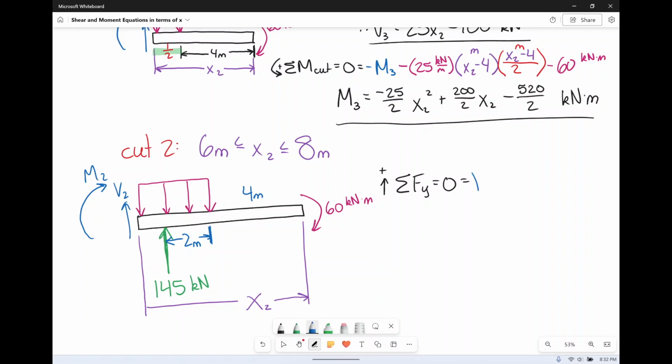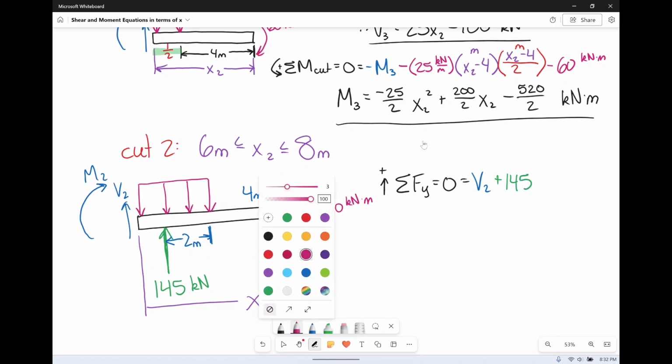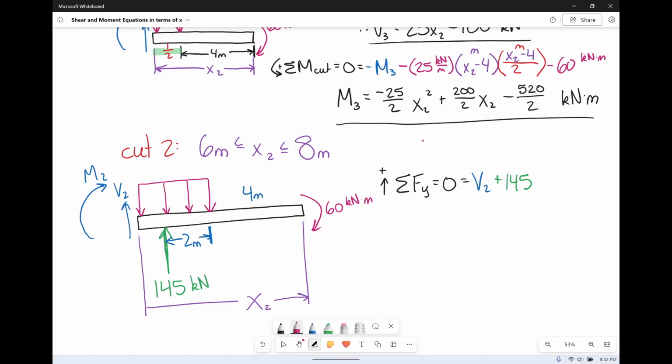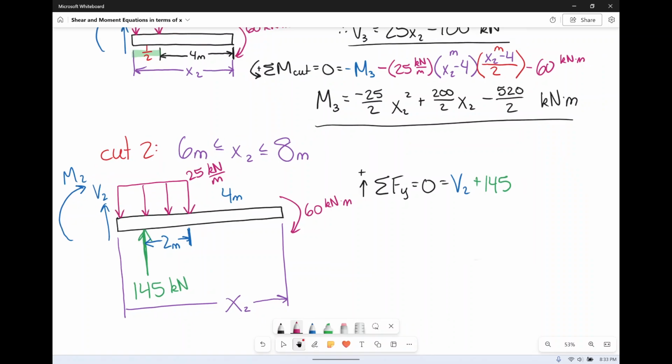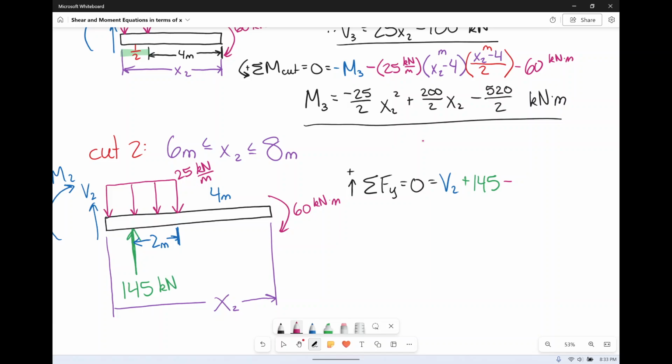Well, we've got shear 2. And then we've also got plus the 145. I'm going to just throw it in because I got my color on it. Then, oops, that's 25 kilonewtons per meter. And so now the distributed load is minus 25 kilonewtons per meter.